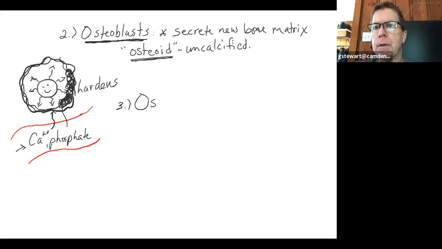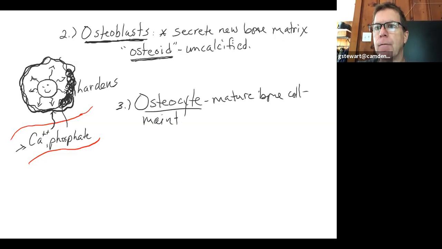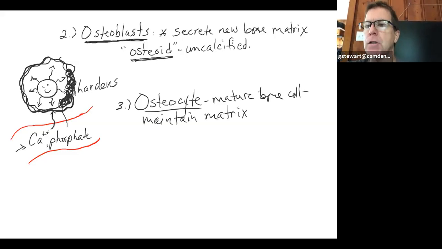The osteocyte's function is to maintain the matrix that was once secreted by the osteoblast. So osteocytes are just mature bone cells, and they now live in this pocket or cavity that they've encased themselves in.